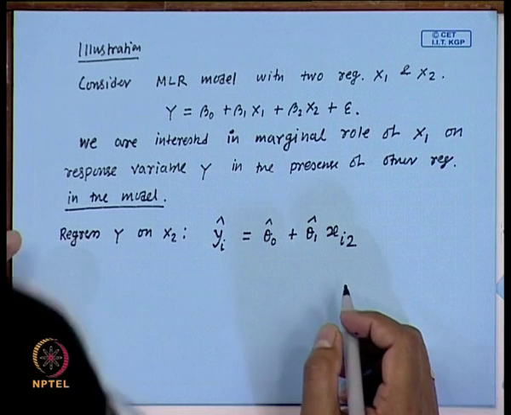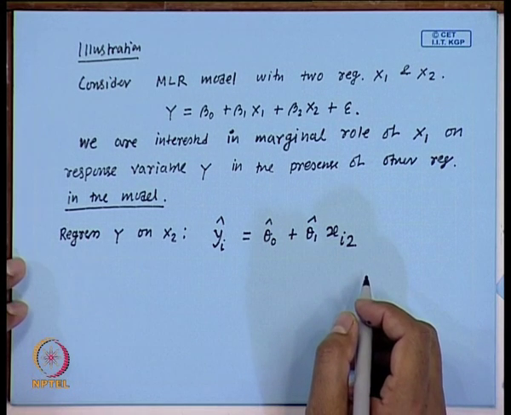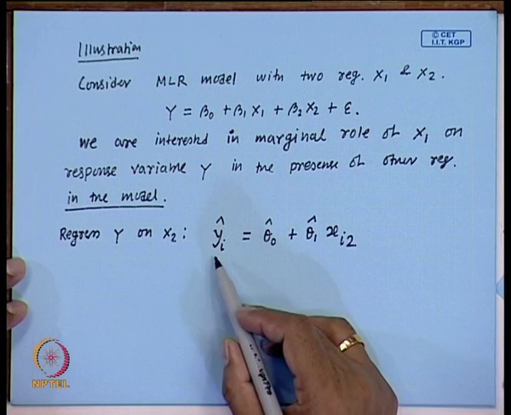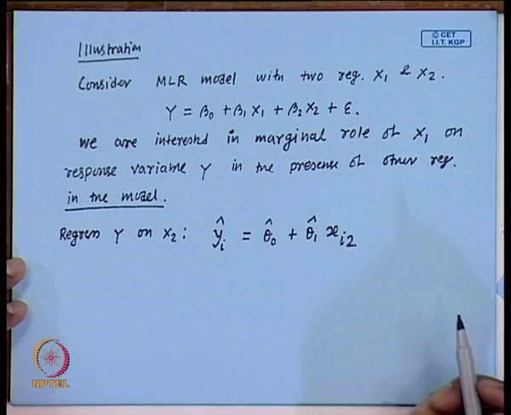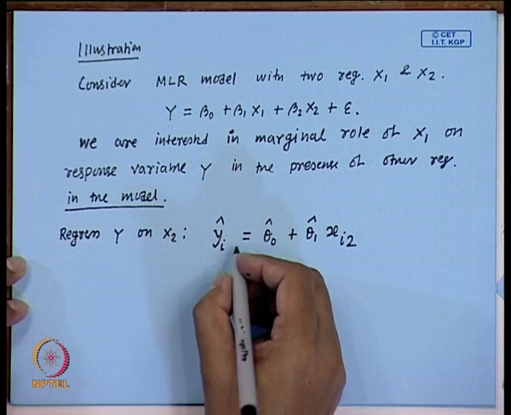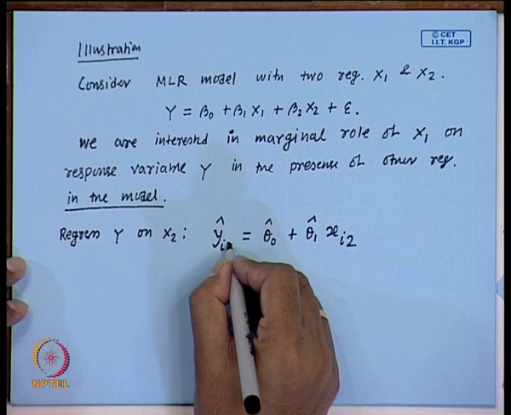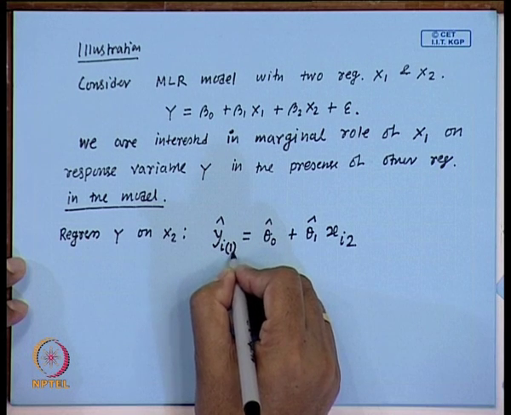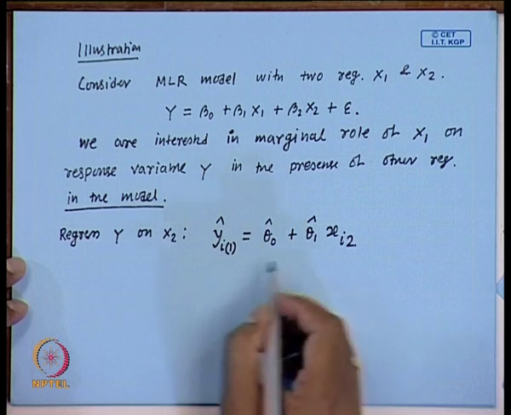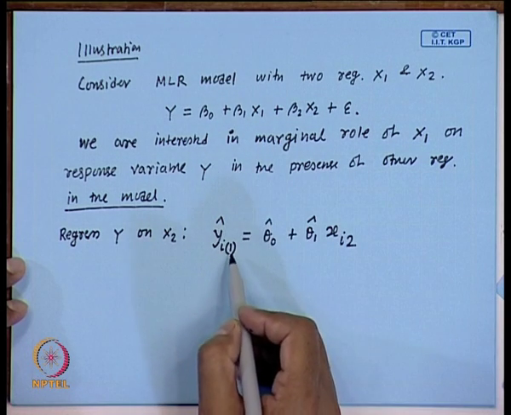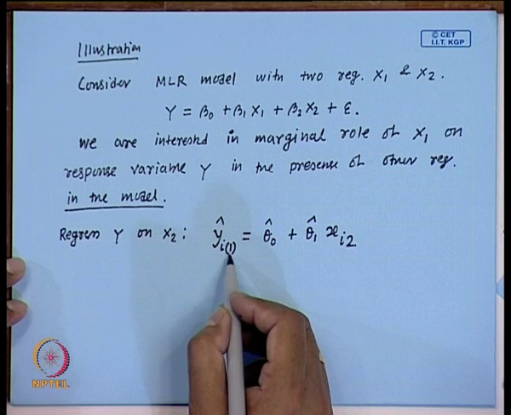So, this is the fitted model between the response variable and x2, and I want to introduce one notation here. I will put bracket 1, that means that the response variable has been regressed on all the regressors except x1. This is the meaning of this.